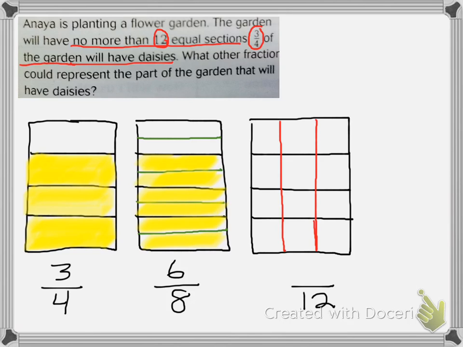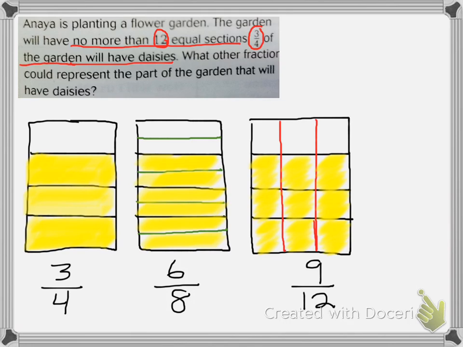And I'm going to shade in. That's a whole fourth. 3/12 is 1/4. 6/12 is equal to 2/4. And 9/12 seems to be equal to 3/4.